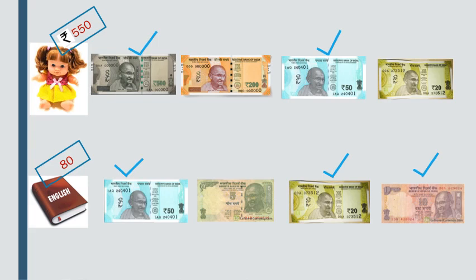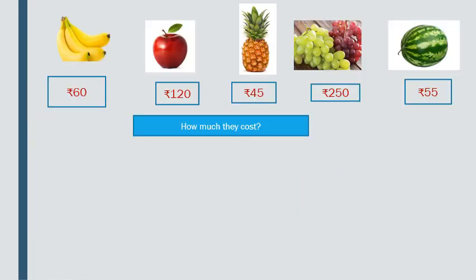Now look here. Here is the price of few fruits. Banana 60 rupees, apples 120 rupees, pineapple 45 rupees, grapes 250 rupees and watermelon 55 rupees. Suppose you have to buy pineapple and banana.